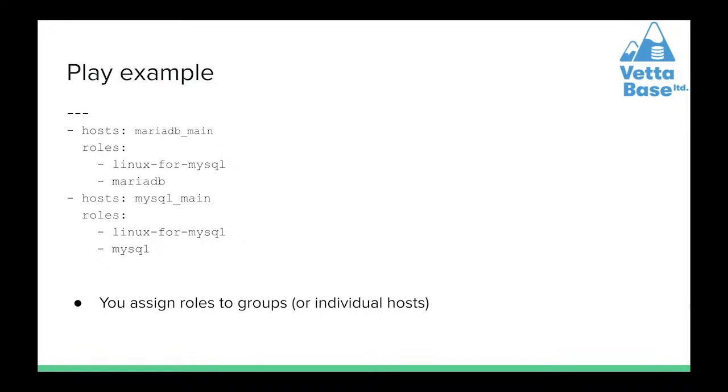Why? Because it does things that are needed both for MariaDB and for MySQL. So for example, it can create the proper file system. It could disable swappiness or set it to a very low value, and so on.